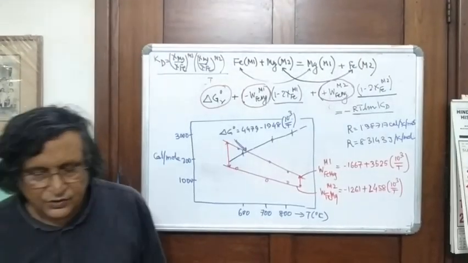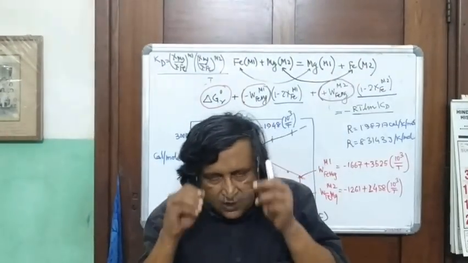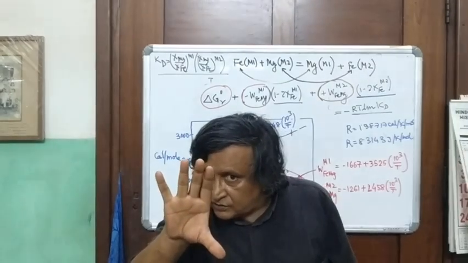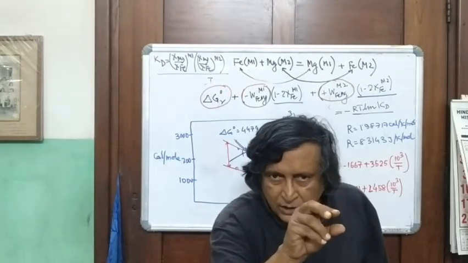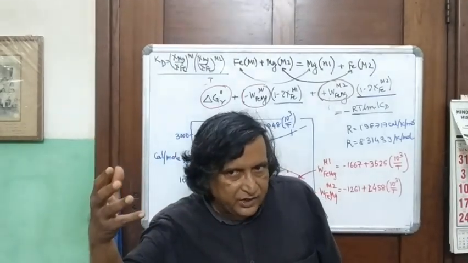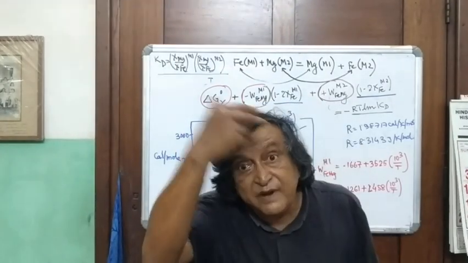Have you understood? Decreases with increasing temperature. Remember, M1 site was smaller, M2 site was larger. Iron, which has the larger ionic radius, was accommodated into the M2 site preferentially.